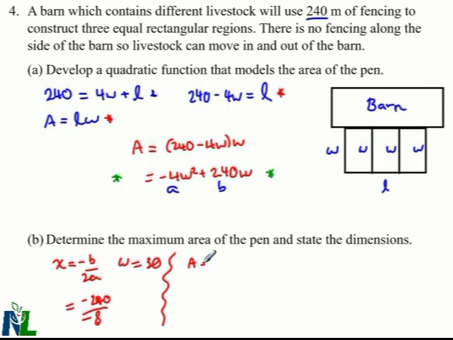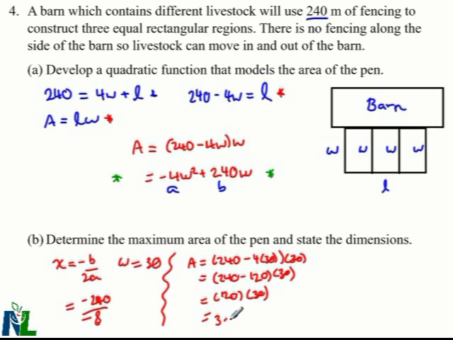So I have the area equals 240 minus 4 times 30 times 30, which gives me 240 minus 120 times 30, or 120 times 30, for an area of 3,600 meters squared.